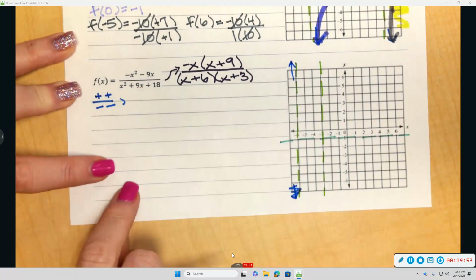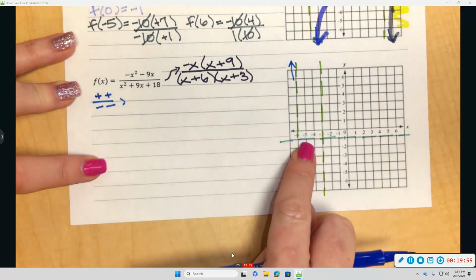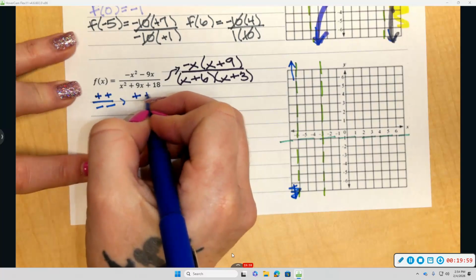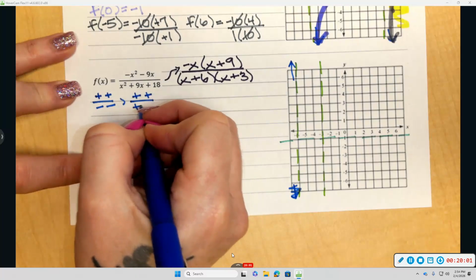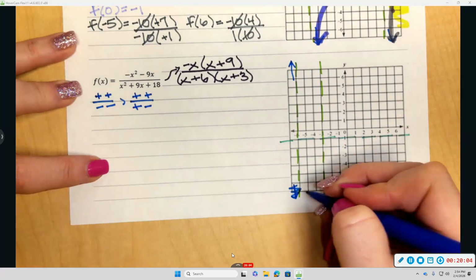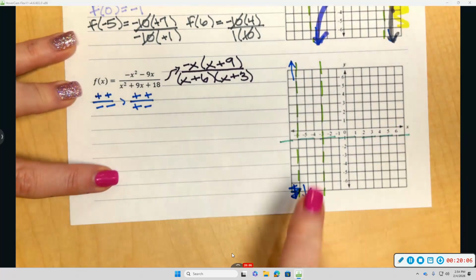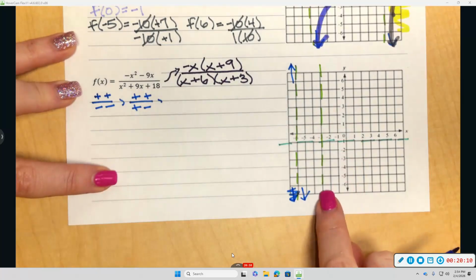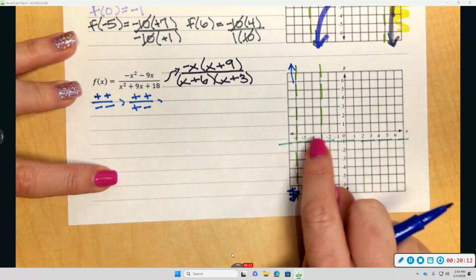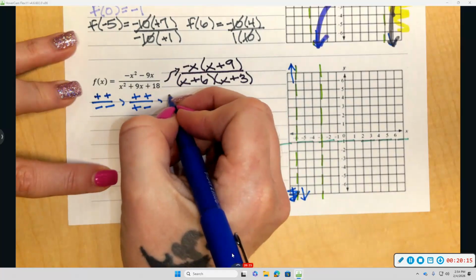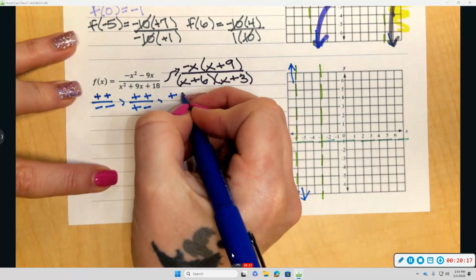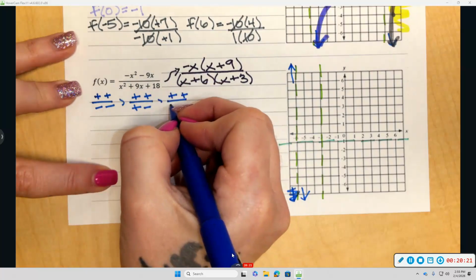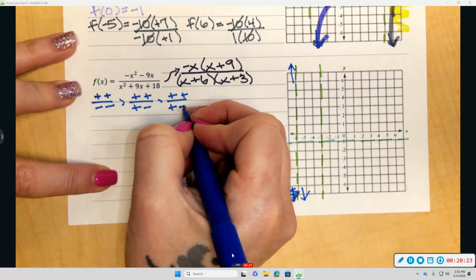So now if we're at, let's pretend we're at negative 5, this guy would be positive, positive, over, positive, negative. So he's negative over here. Don't get confused with my mistake there. Now we're going to look here as we approach -3 from the left. We can pretend we're at -4, and we're going to get positive, positive, over, again pretending we're at -4, positive, negative.